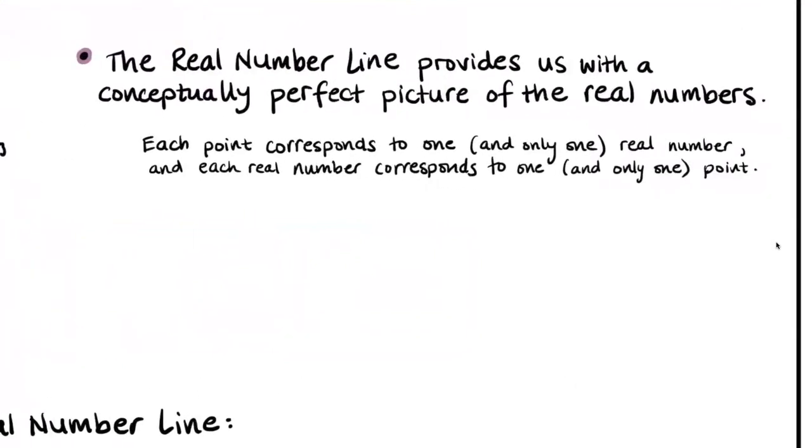So we use something called the real number line that gives us a better picture of the real numbers, because that picture that we just drew is not really workable. You don't use that to really represent stuff. It's just a way to conceptualize. So the real number line is actually a better way to represent all of the real numbers.